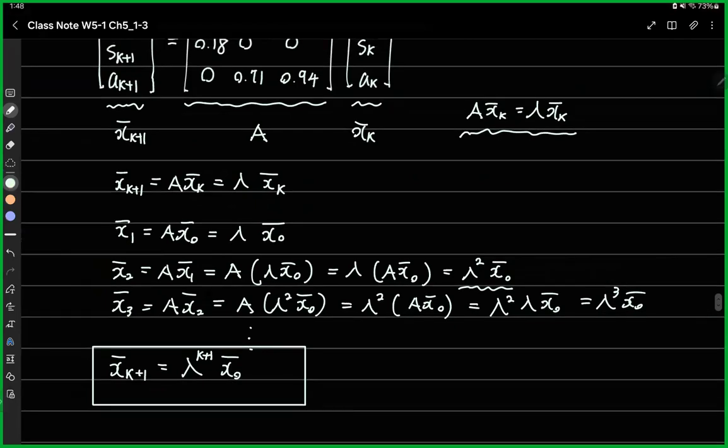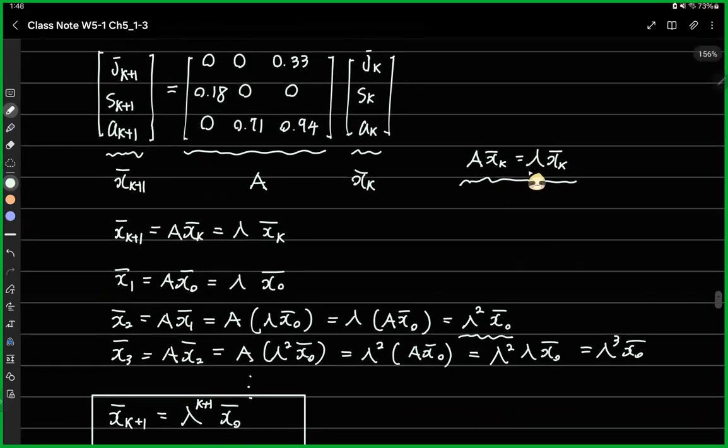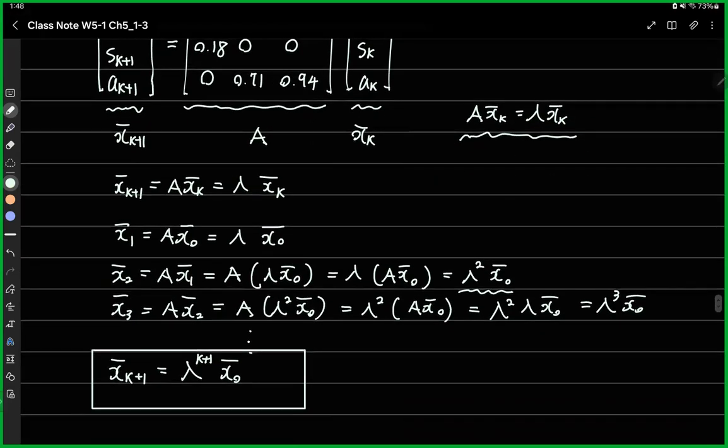So as long as A xk bar is equal to lambda times xk bar for any choice of index k, under that assumption, we can derive xk plus 1 bar as lambda to the k plus 1 times x0 bar. Because xk plus 1 bar is equal to A xk bar, but this is equal to lambda xk bar, right?